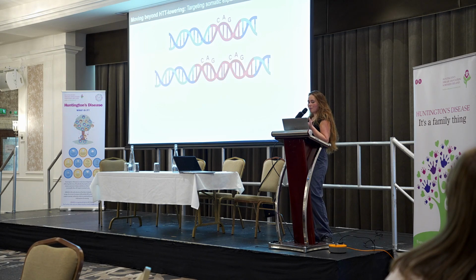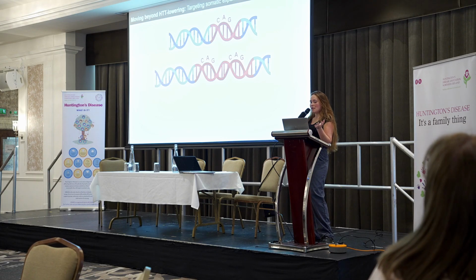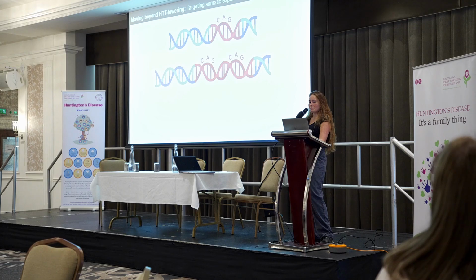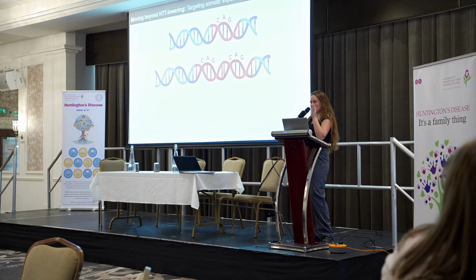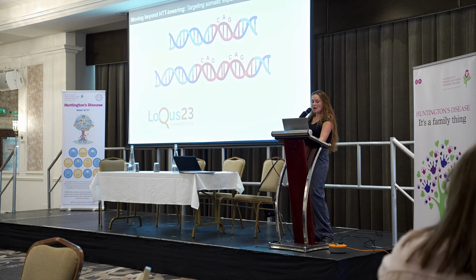As I said, on this PMS1, there are other proteins like this which influence the age of onset of symptoms. And they do this by either slowing down or increasing the rate at which the CAG repeat expands.